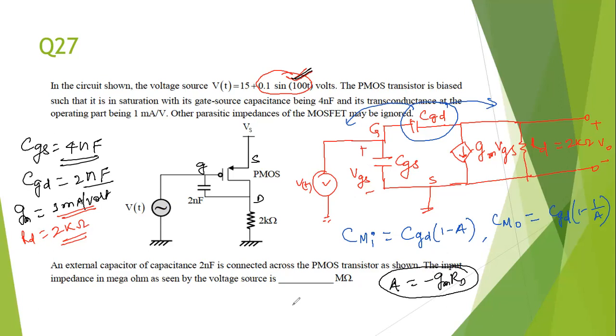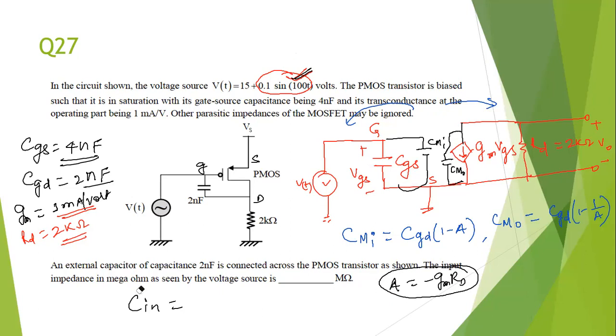So just replace CMI. So the input equivalent capacitance is what? C input equals what? This is just replaced. This is your open circuited. Now your circuit becomes this is CMI, and now this circuit becomes CM naught.